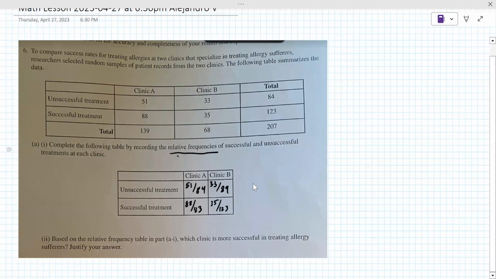That's how you determine which value makes it in the row, whether it's the row total or the column total. Basically, we're comparing Clinic A to Clinic B.